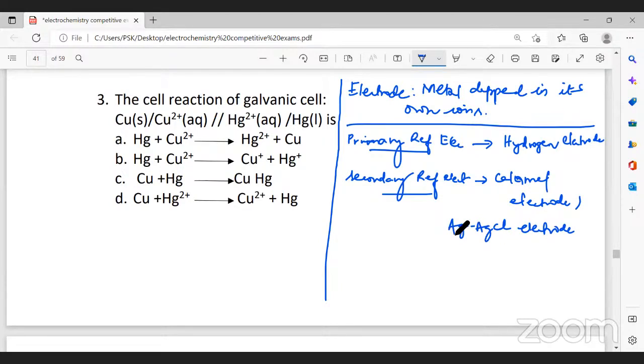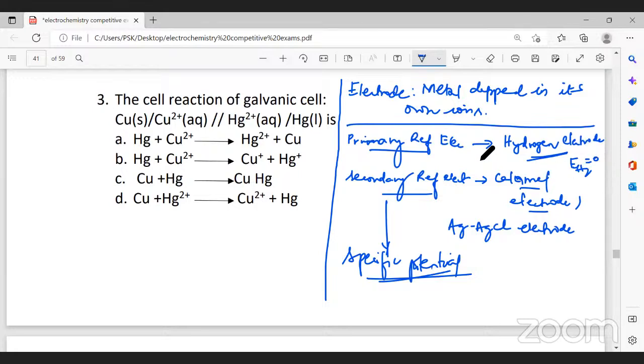Secondary reference electrodes will have specific potentials or specific voltages. For the primary electrode, even though there is a specific voltage, we assume it to be zero. That is one of the demerits of the reference electrode. The hydrogen electrode is a primary reference electrode.